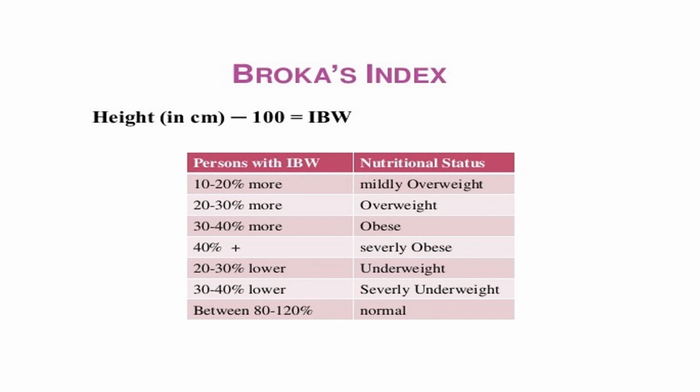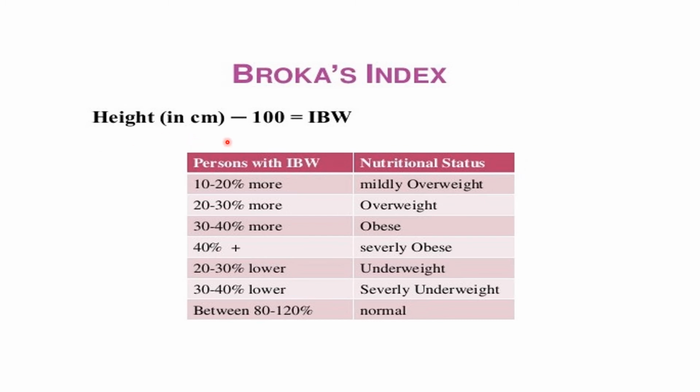Then another index, that is Broca's index, and it is a very simple index. If you have taken height and weight, how do we assess the nutritional status, whether they are normal, overweight, underweight, or obese?